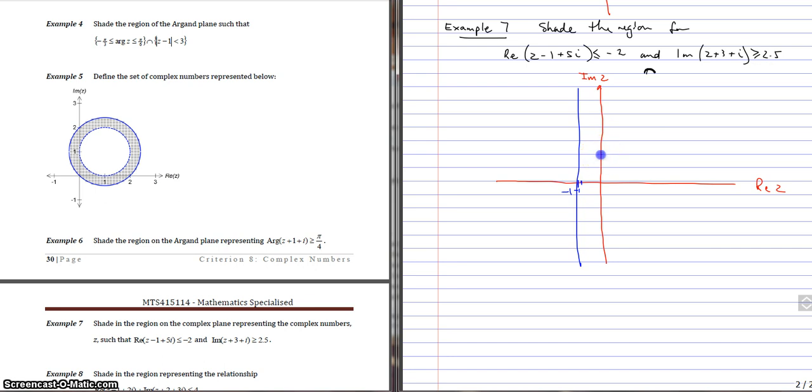So if that's 1 and that's 2, then it's going to pass through here at 2.5. Now, it's less than or equal to -2 for this one here, so we're going to be shaded on the left hand side, and it's greater than 2.5 on this one, so it's going to be above, so we're looking at this region in here.